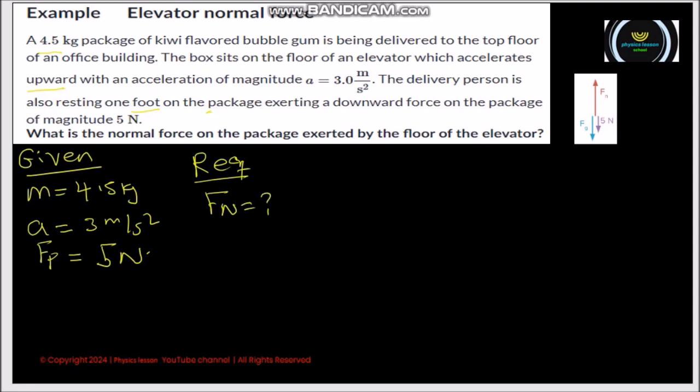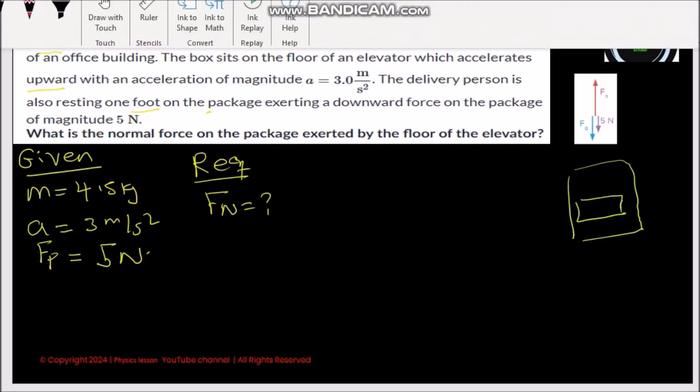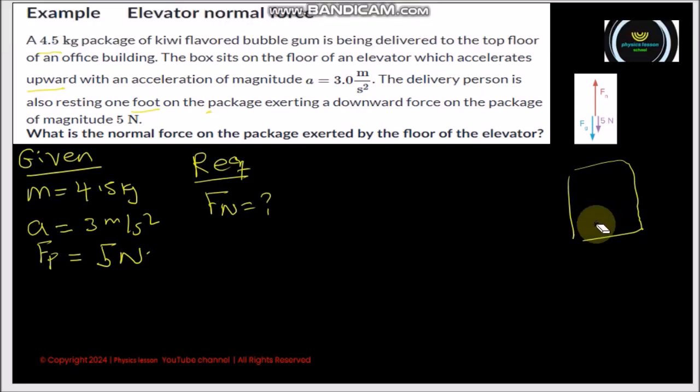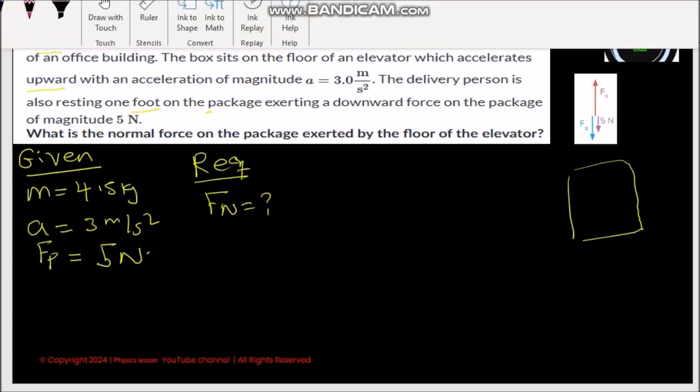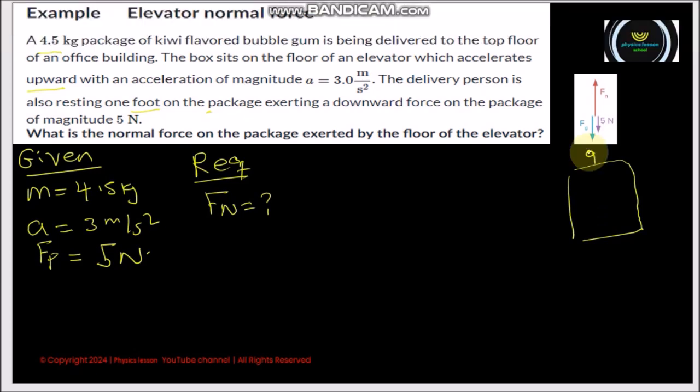And here is the diagram. The normal force is always an upward force. Here we have the force of gravity downward according to its mass. The object is inside an elevator. Assume here is an elevator.